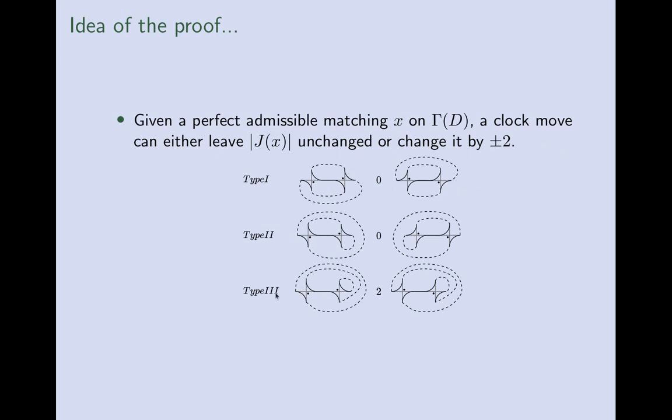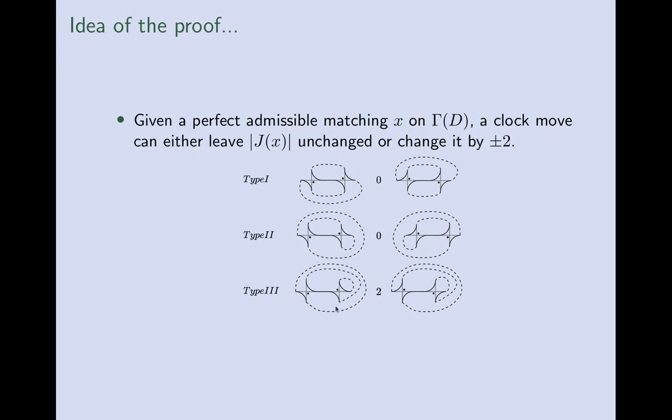So we can divide clock moves into three different types depending on the number of Jordan cycles that they involve. In this case here, you see at the top, this clock move, we have one Jordan cycle involved before and one after the move. In this case, to perform this move, we necessarily must have two cycles that merge and split in such a way that after the move we still have two cycles, just a bit shifted.